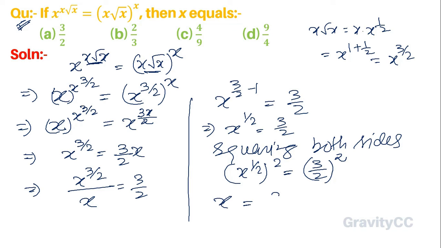So x is equal to 9 upon 4. Answer: option D is the correct answer.